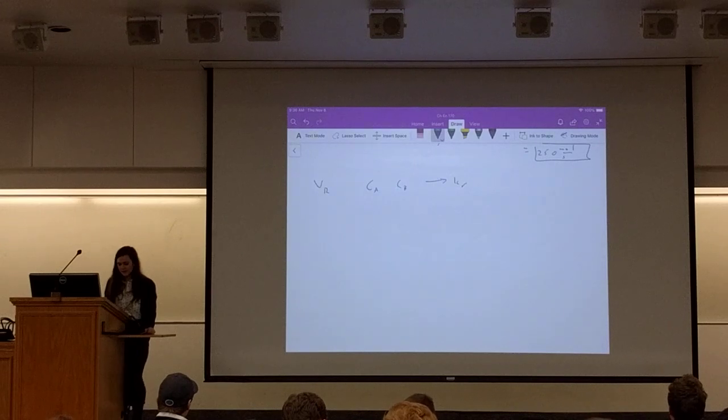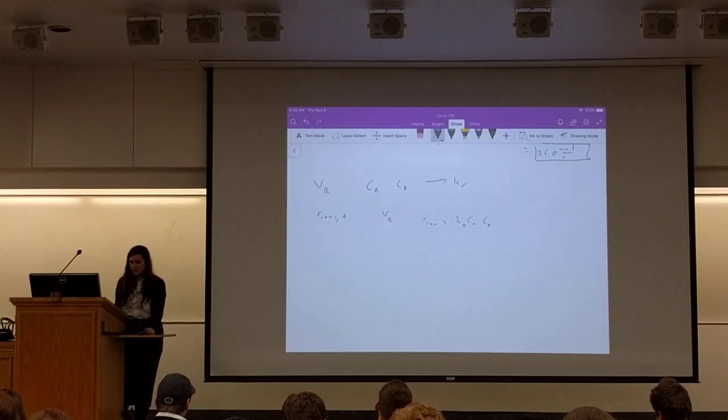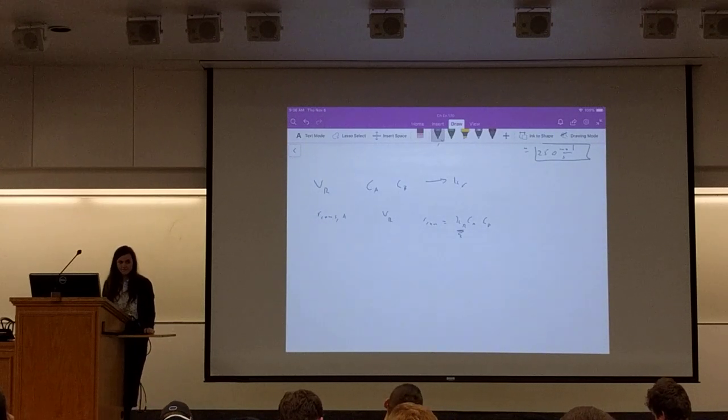It's the same thing: you figure out the rate of consumption and you figure out the volume, so then you can figure out what the rate of reaction is. And then you can find the rate constant.